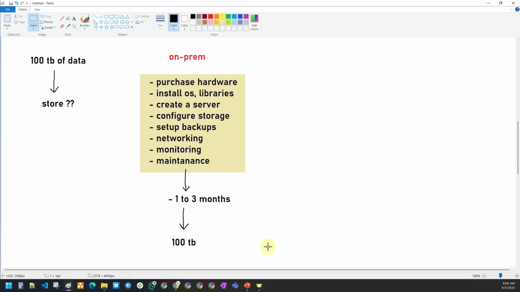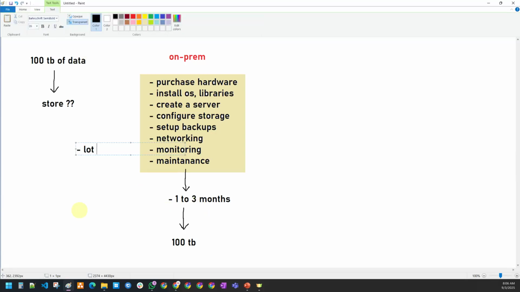See, this is the problem. When you are working on premises, what is happening here, sir? You are going to spend a lot of time. Not only the time, sir, but also a lot of effort that we have to put. Do you guys agree? We have to put a lot of effort, and a lot of money also, isn't it?